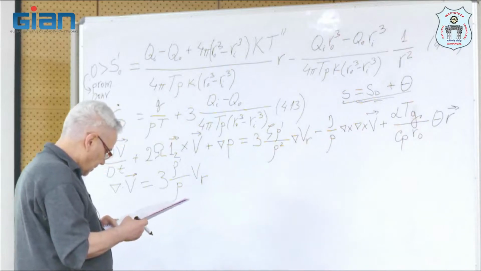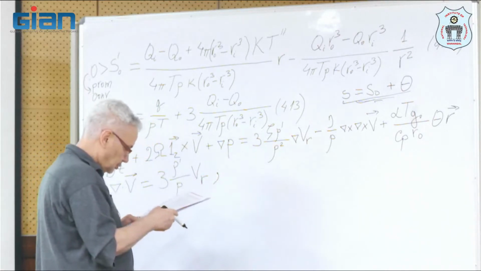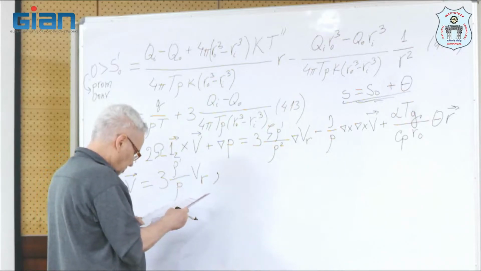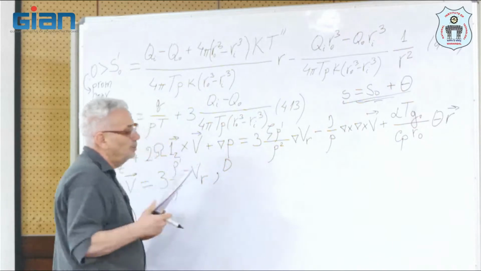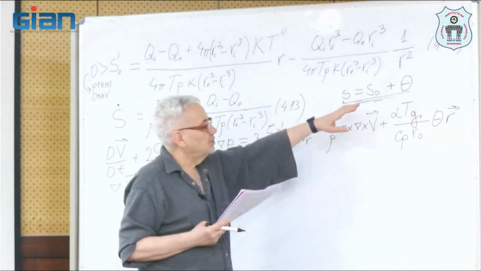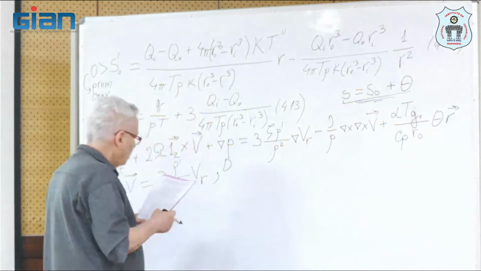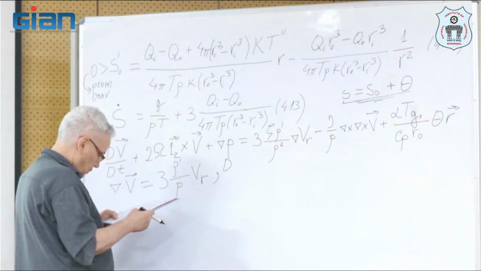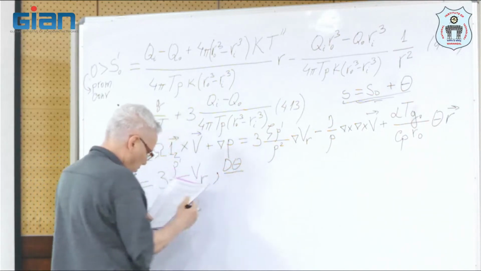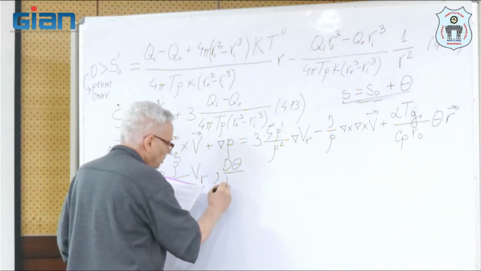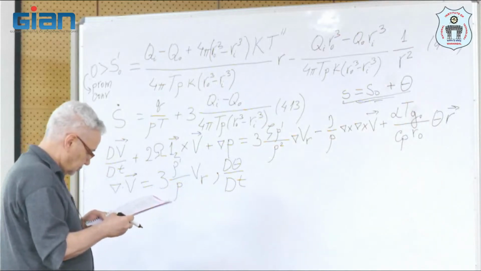And then we have perhaps the most important equation in all this system. This is the equation for the entropy, but not the whole entropy, only the entropy which is on top of the hydrostatic solution. It could be written like that: d theta by dt, the substantial derivative.